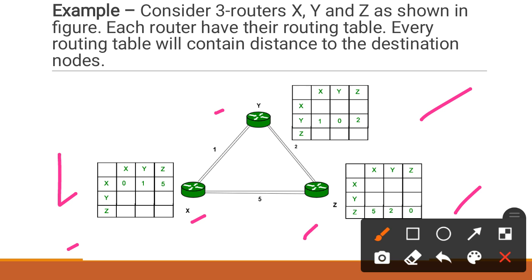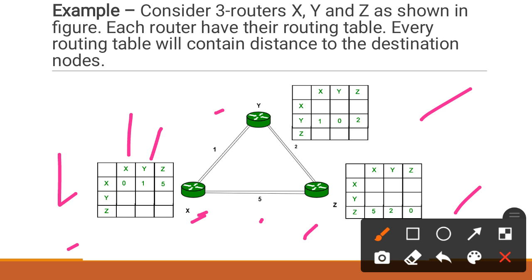With respect to X, it is directly connected to Y with a cost of 1, whereas X to X is 0. Cost is nothing but a distance. So if we want to go from X to X, its value is 0, X to Y is 1, and X to Z is 5.